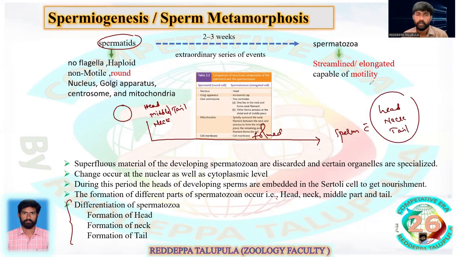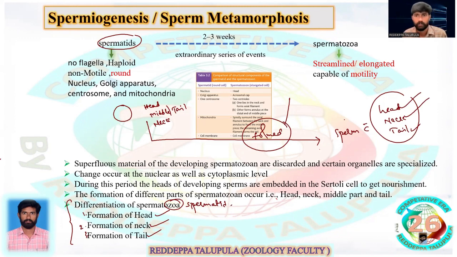Now, if you talk about the mechanism, the formation of these three will be seen. First, formation of head; second, formation of neck; third, formation of tail. These are the procedures involved in the differentiation of the spermatid.